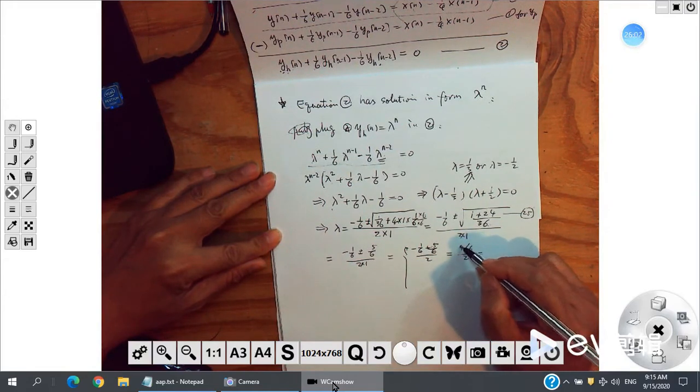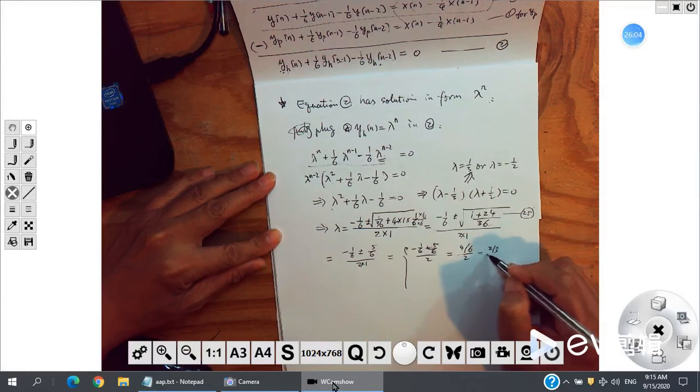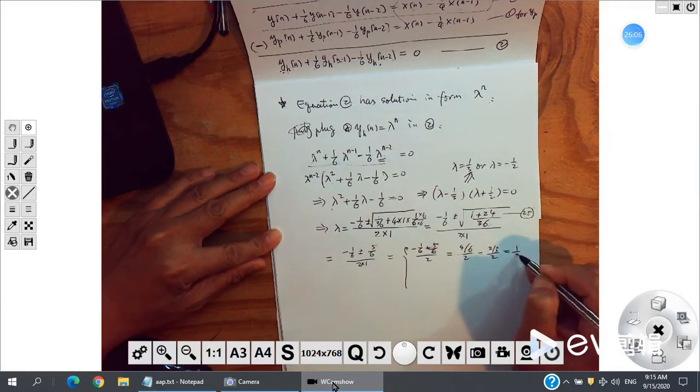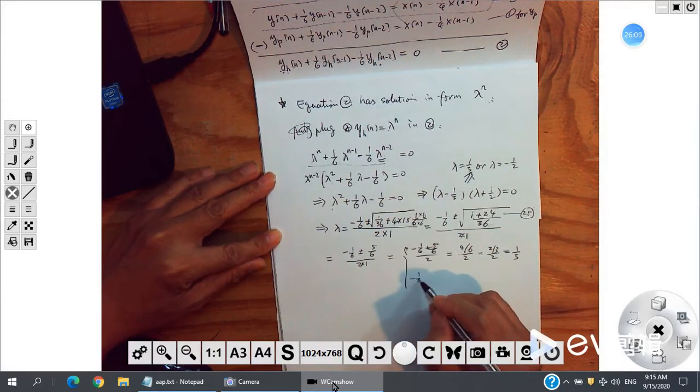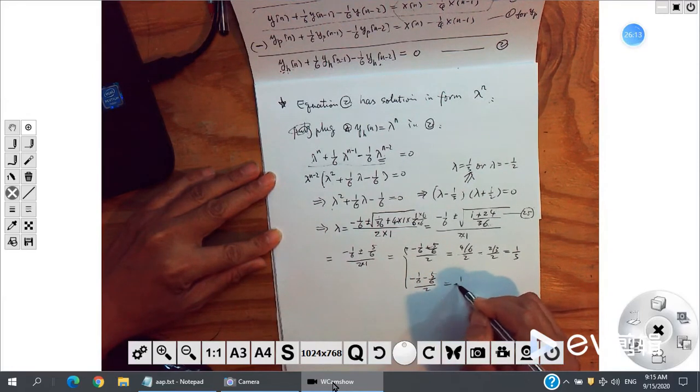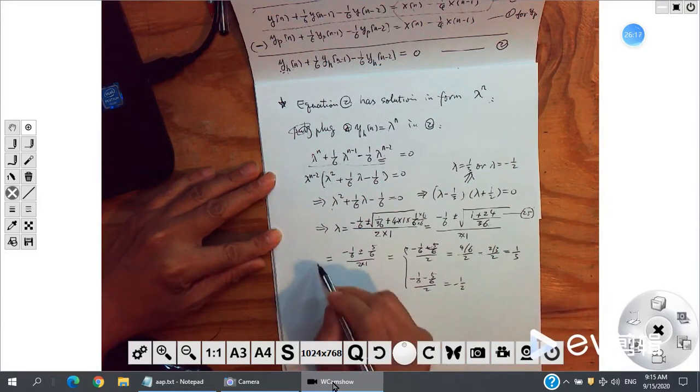So 4/6 is 2/3, over 2. This is 1/3. Or negative 1/6 minus 5/6 over 2. This is negative 1/2. Alright. So you can also find the lambda this way.